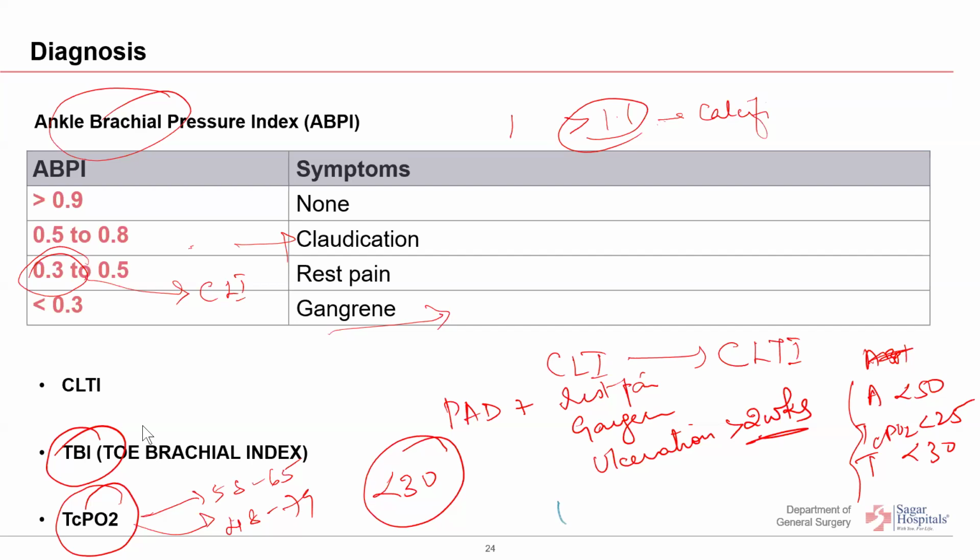You said it can be falsely high, correct? So which common clinical conditions do we see where it is falsely high? Where does calcification come, which clinical condition which we are seeing day in, day out, where you have extensive calcification?